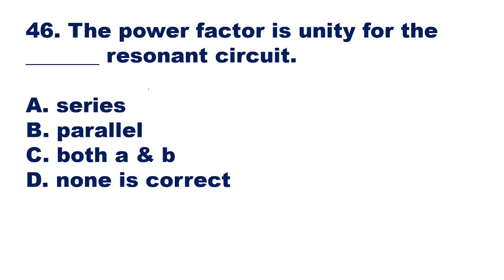The power factor is unity for which resonance circuit. Now for a resonance circuit, the voltage and current are in phase for both series and parallel. So for series and parallel, the phase angle phi will be equal to 0. That is, current will be in phase with voltage.